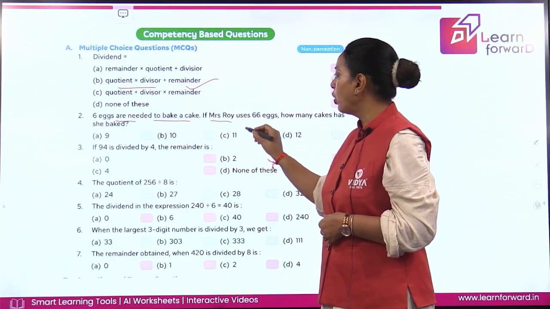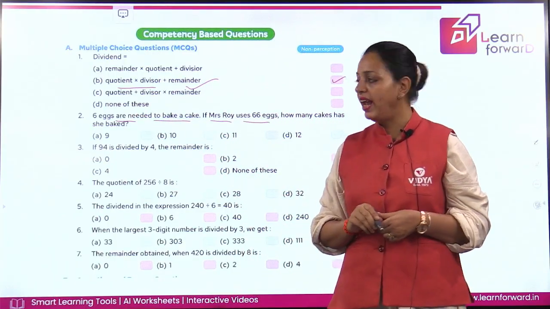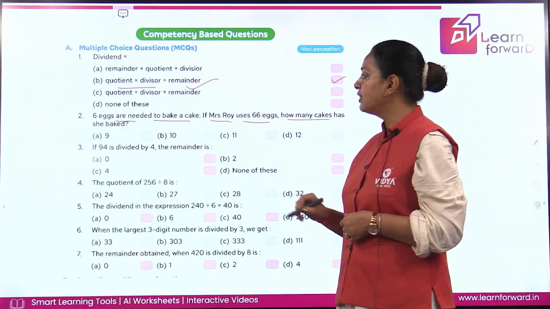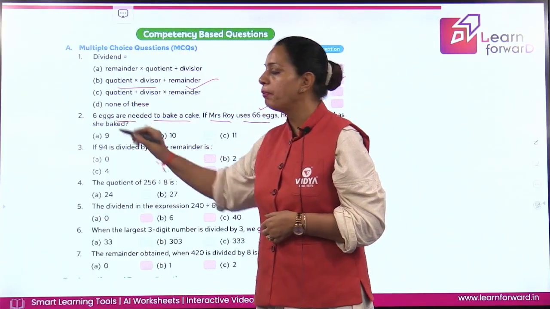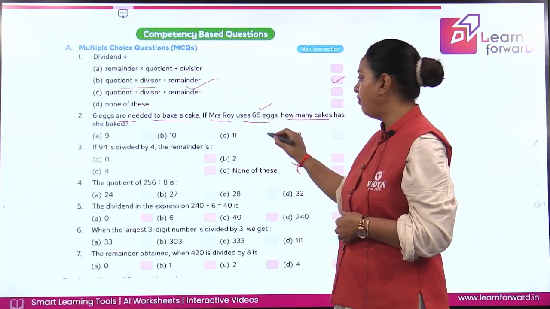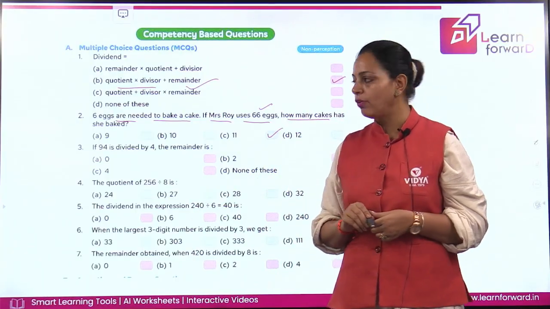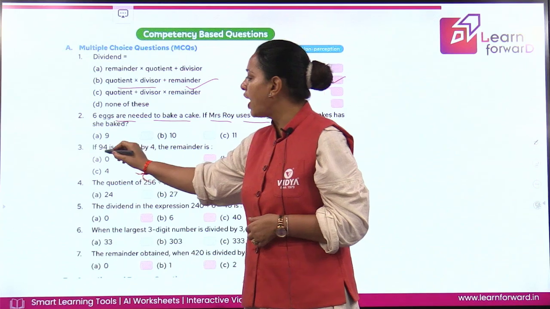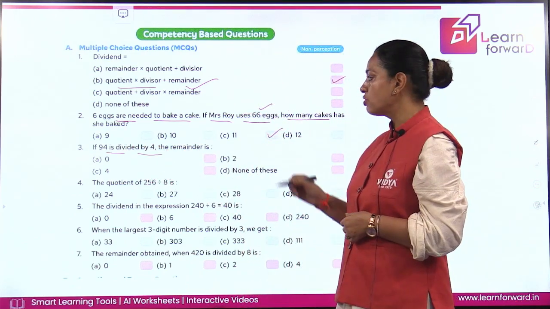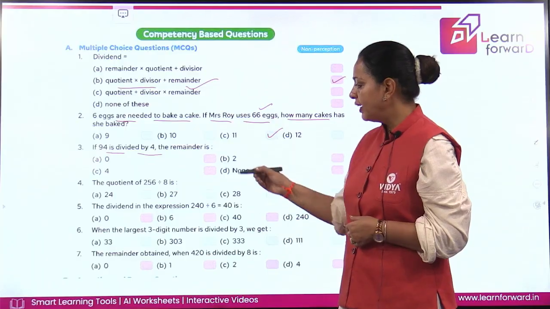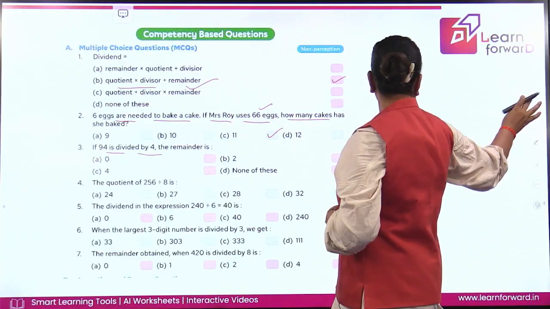If Mrs. Roy uses 66 eggs, then how many cakes has she baked? It means 66 divided by 6 yani 11. Answer is C. Okay. The third one, if 94 is divided by 4, the remainder is, so just try this one on your own. ऐसे और question हैं, you can try these questions.